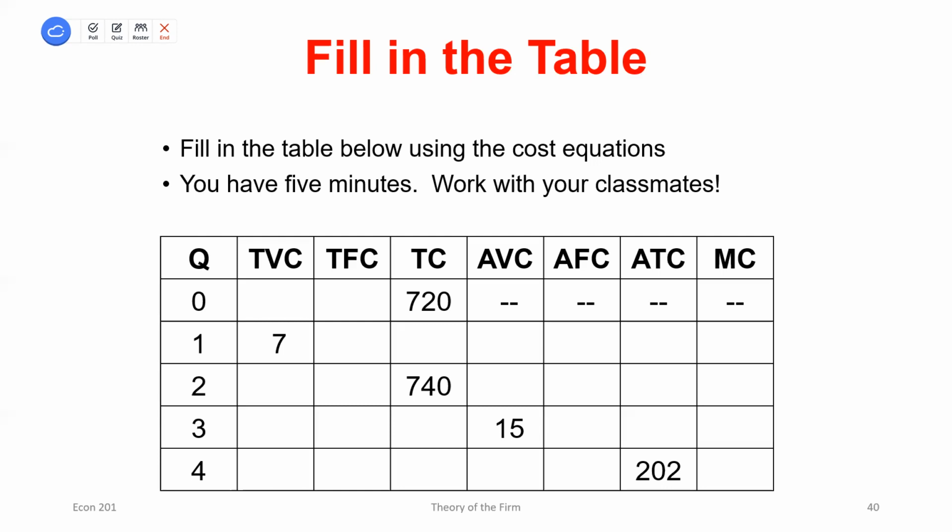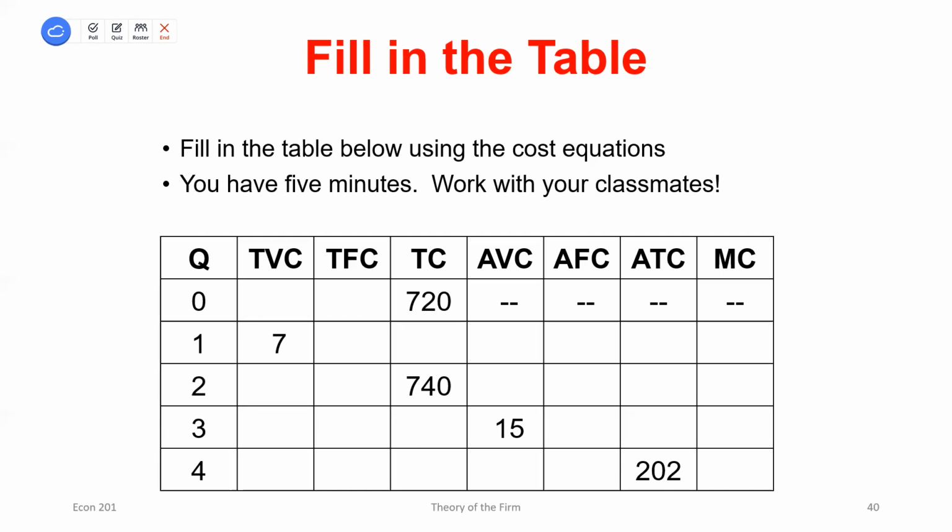So if I then want to find my average fixed costs, what's the process I'm going to do? I want to fill out this column completely. Well, if I now know that my fixed costs are always 720, how can I find my average fixed costs? You divide by the quantity for each one. Yep. So this first one is kind of weird. Anything divided by 0, we can't actually come up with a value there. So our 0 row is always going to be a little weird.